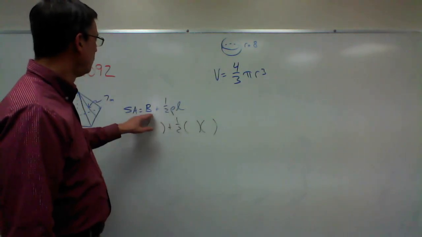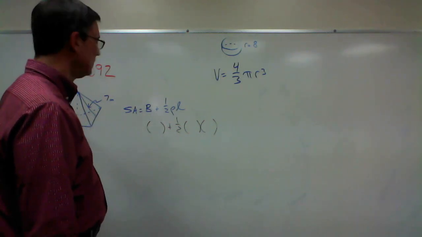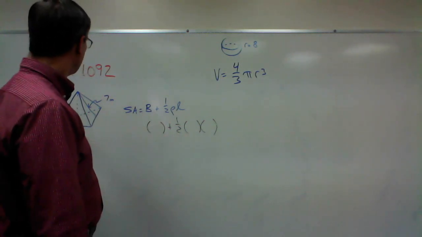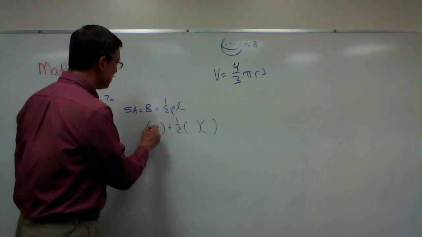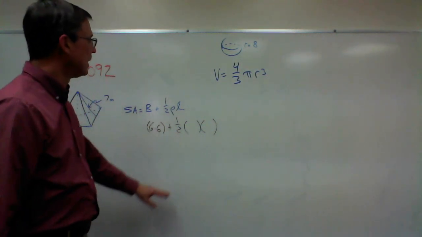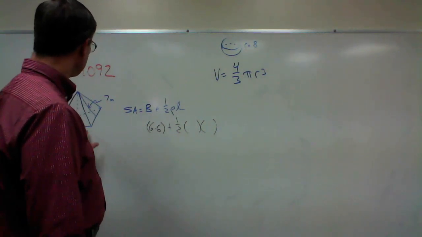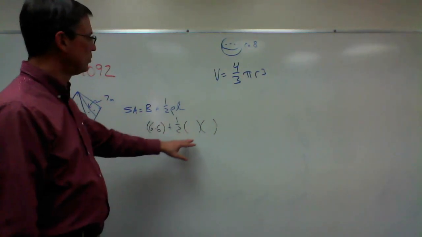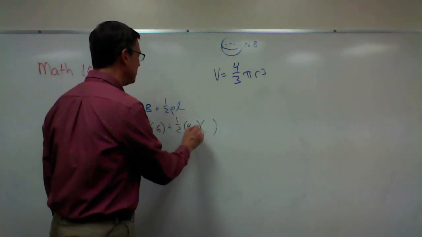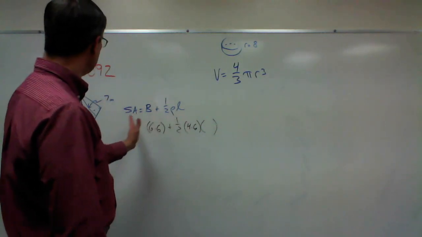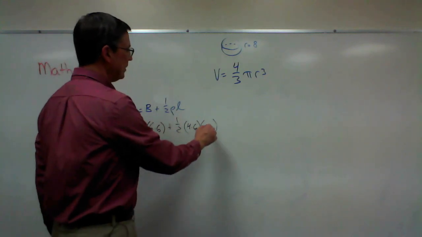Well, what is the base? In this case, the base is a square, so it's 6 by 6. So 6 times 6. The perimeter is 6 plus 6 plus 6 plus 6, so I could just write 24 in here, or 4 times 6. I'll write 4 times 6. And then the slant height is the 7.